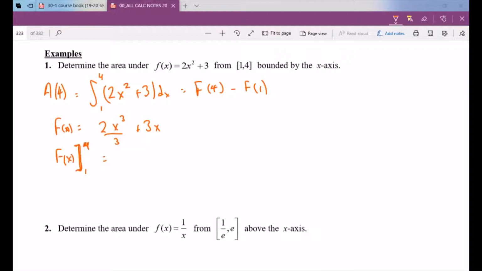Let's take 2/3 of 4 cubed, plus 3 times 4, and then we're going to subtract 2/3 times 1 cubed, plus 3 times 1.